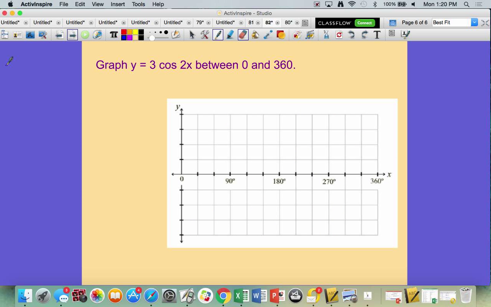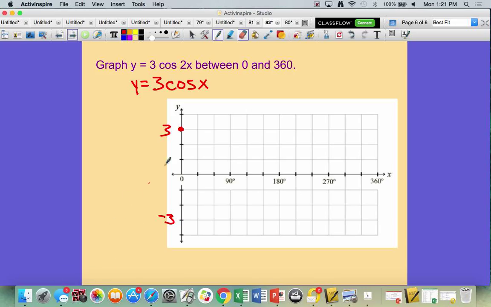All right, cosine is just a little bit different. I would still do the same thing though. Y equals 3 cosine of x first. Now remember, cosine starts at its highest most point, so we'll say that's 3. And it goes to its bottommost point, which is -3.